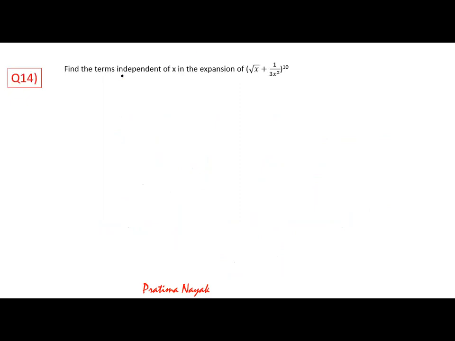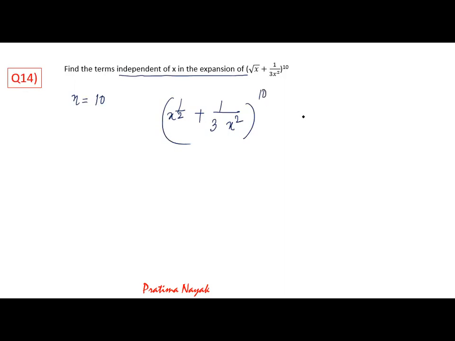Find the term independent of x in this expansion, (root x plus 1 by 3x squared) to the power 10. So for this question, n is 10, and this can be written as (x to the power half plus 1 by 3 x to the power 2) to the power 10.